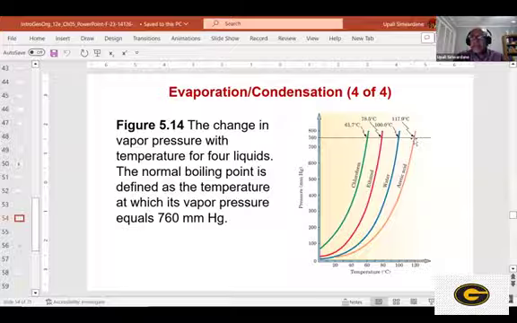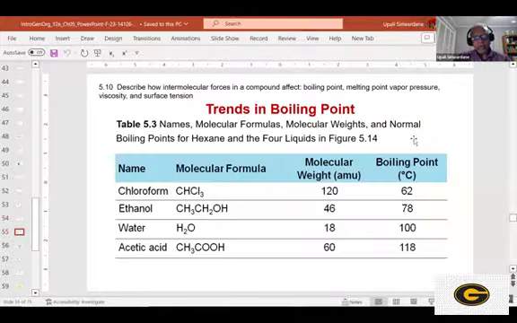Acetic acid has the strongest intermolecular force. Therefore, it has the highest boiling point. Boiling point is related to structure and the intermolecular forces. We can compare molecular weights, boiling points, and the intermolecular forces and describe how the boiling point changes for different compounds.